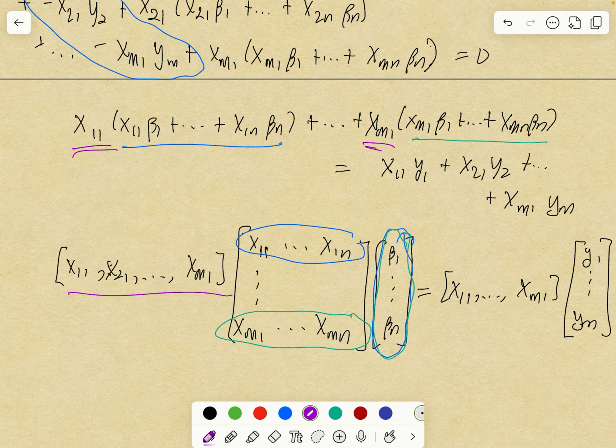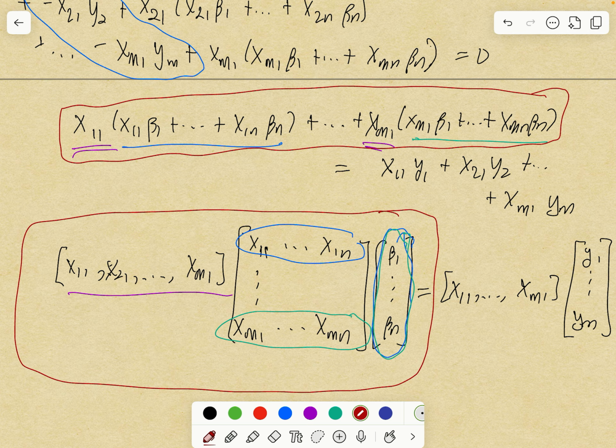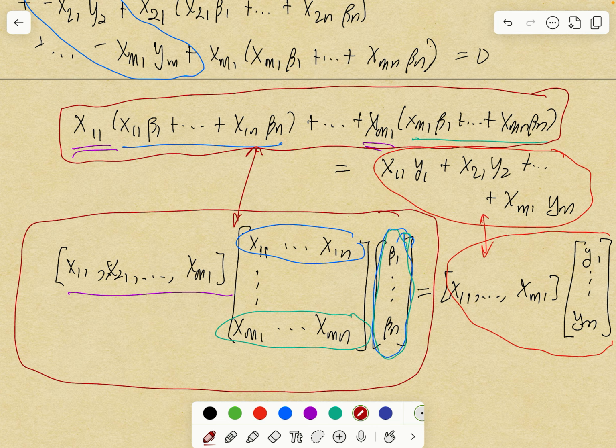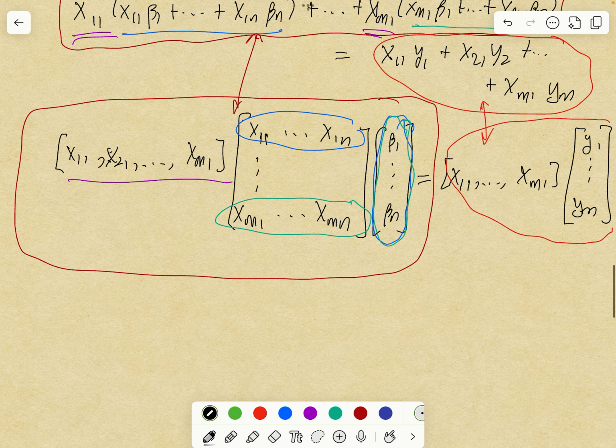So you can check that when you take this first thing, this is just equal to this. And then this term is just the dot product, right? That's this matrix product. So these two are the same, these two are the same. And so this is the equation I get by setting the first derivative equal to 0.